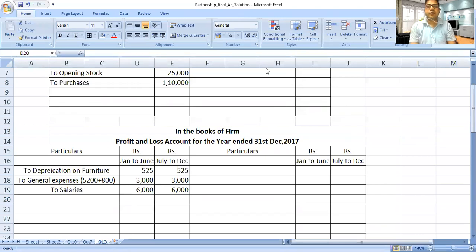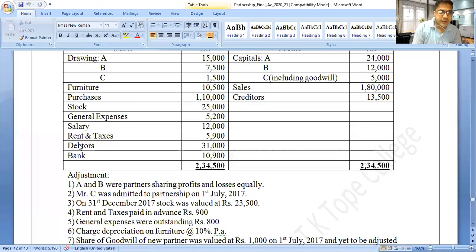Okay, after recording salaries, the next item in our problem is rent and taxes, 5,900. And if you see the fourth adjustment, they are provided rent and taxes paid in advance, rupees 900.